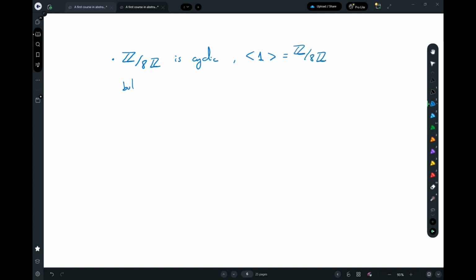But Z modulo 4 cross Z modulo 2 or Z modulo 2 cubed, these are not cyclic. For example, I can show you that every element here has order at most 4.